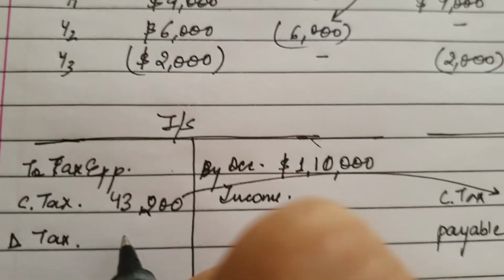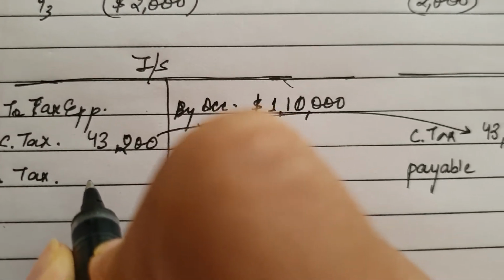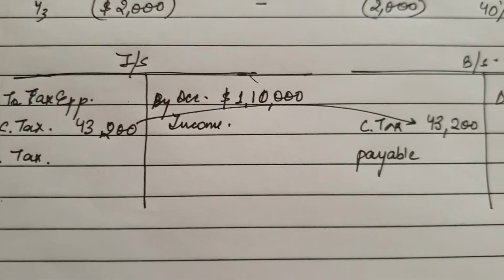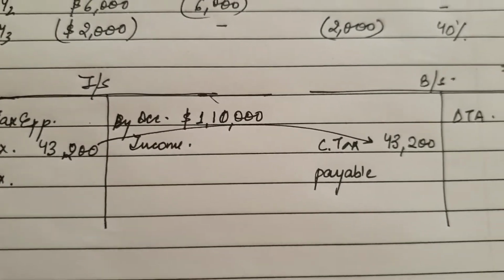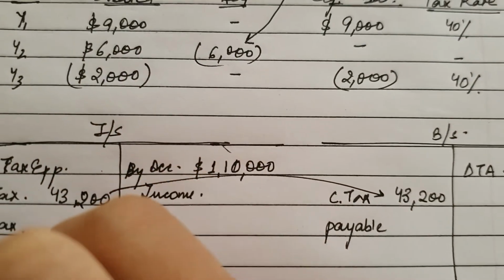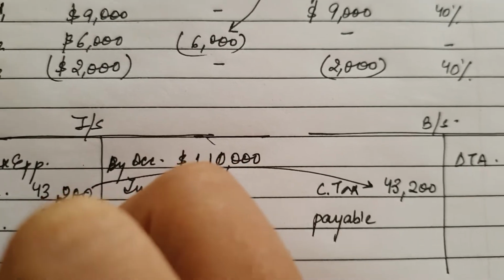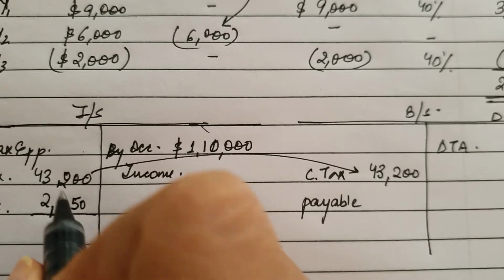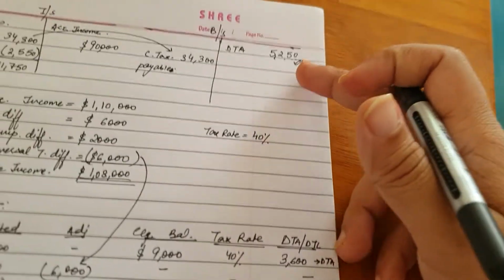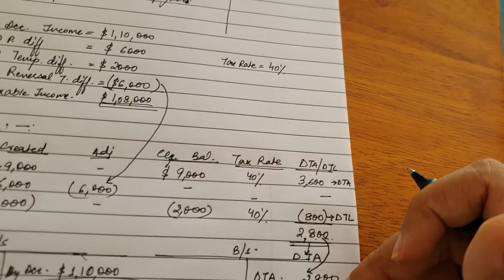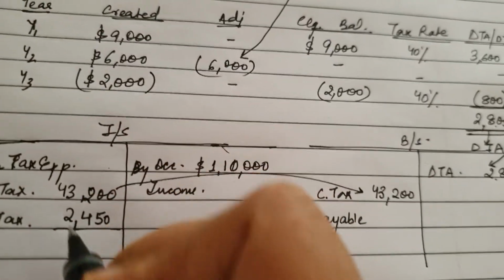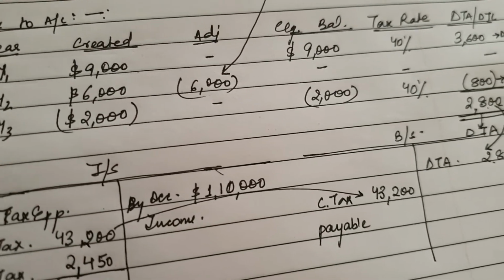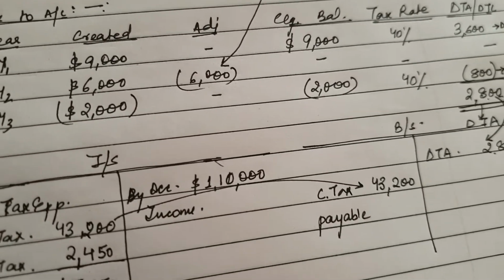It would be an income tax expense, and I would term it as an amortization, but US GAAP has termed it as a deferred income tax expense, which is coming out to be 2,450. It's just the difference between the two. So the difference is going to come over here, and it is totaling up my tax expense to be 45,650.